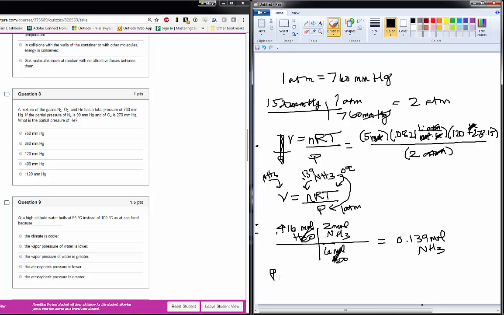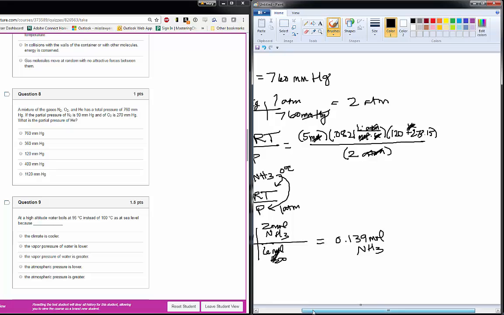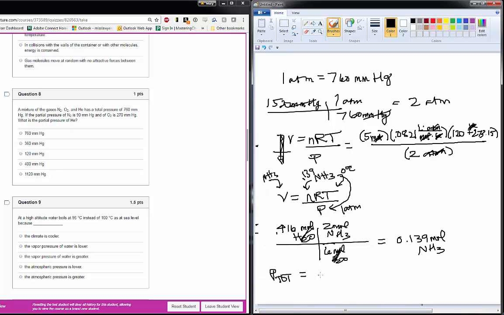So the P total, pressure in a mixture of gases, is the sum of the partial pressures. So that's the sum of the pressure exerted, in this case, by the nitrogen, plus the pressure exerted by the oxygen, plus the pressure exerted by the helium.